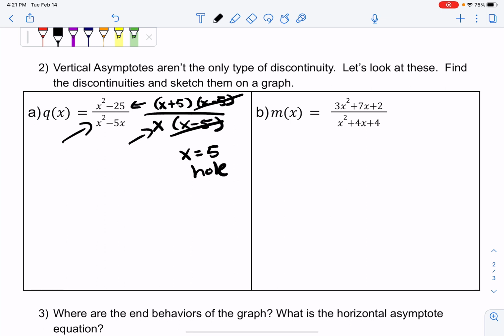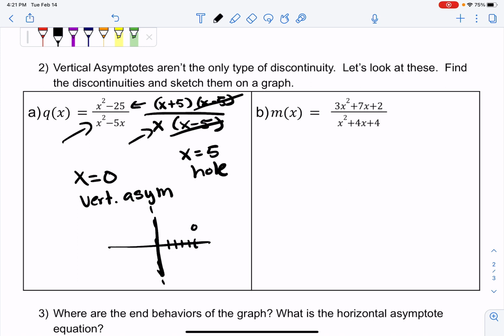The value that does not cancel out is x, so x equals 0 is a vertical asymptote. So at x equals 0, we have a vertical asymptote, and at x equals 5, you'll have a hole wherever that part of the function is. So assuming the function looks something like this, there's going to be a hole at x equals 5, an undefined location on this graph.